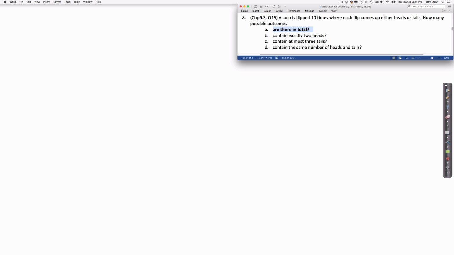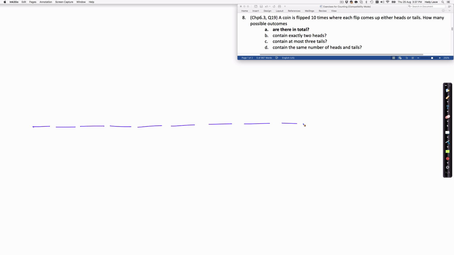Okay, in 8A we want to see the total number of possibilities. And we know that the coin is flipped 10 times. So let's assume that this is the first flip, second flip, third flip, fourth flip, fifth, 6, 7, 8, 9, 10. Now the first flip, there are two possibilities. It can either come up heads or it can come up tails.